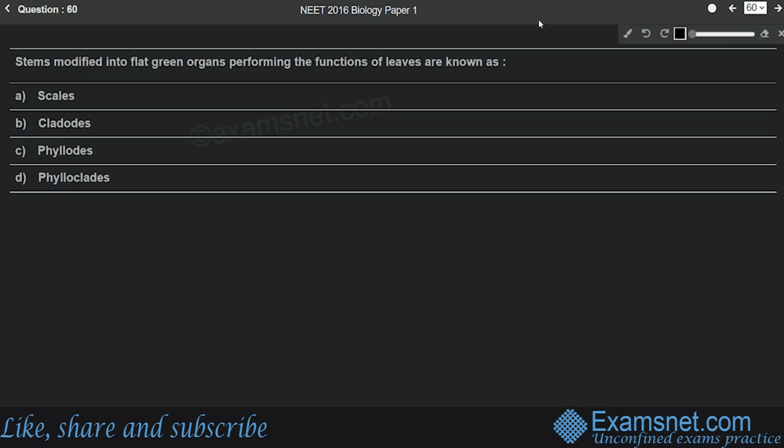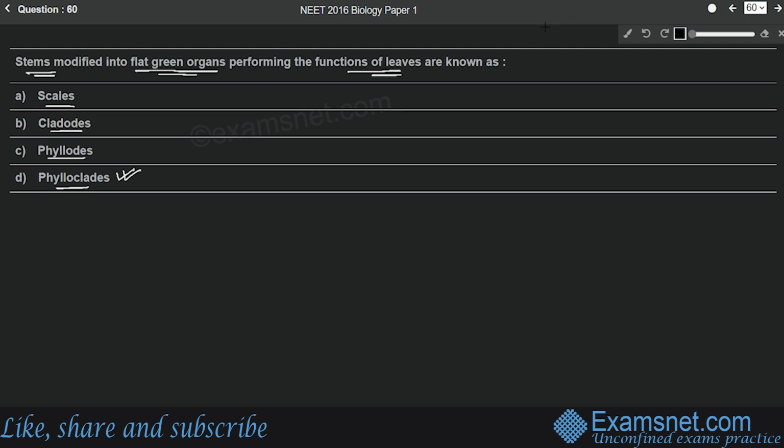Question number 60 is from the chapter Morphology in Flowering Plants, and the question is stems modified into flat green organs performing the functions of leaves are known as. Options are scales, cladodes, phyllodes, and phyloclades, and the correct answer is option number D, that is phyloclades. In question number 58 we saw that opuntia consists of phyloclades.